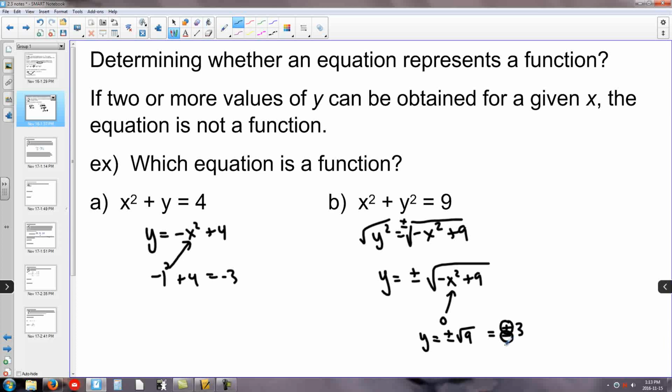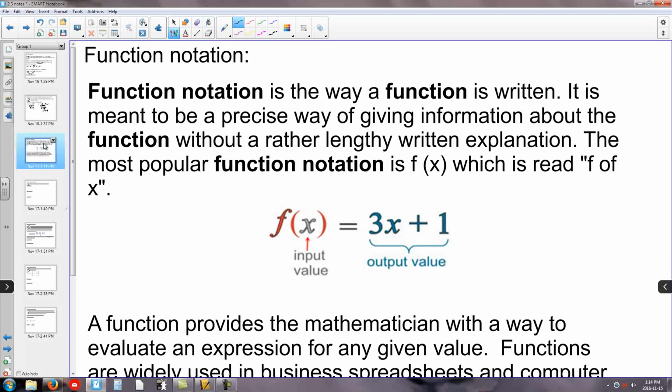I shouldn't have choices when I'm dealing with a function. So this is a function. This is not a function. And we're going to talk about other ways to tell as well. But whenever we have that plus or minus in front of a square root, or more specifically, if the equation has a y squared, that's a good indication that we might have a problem.